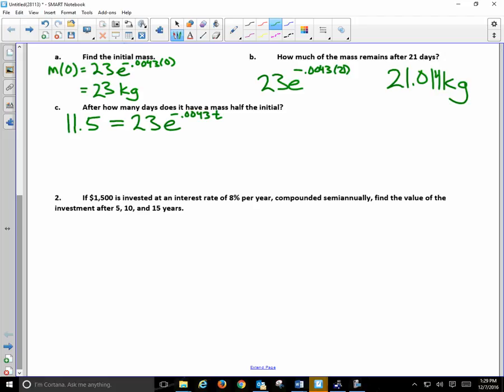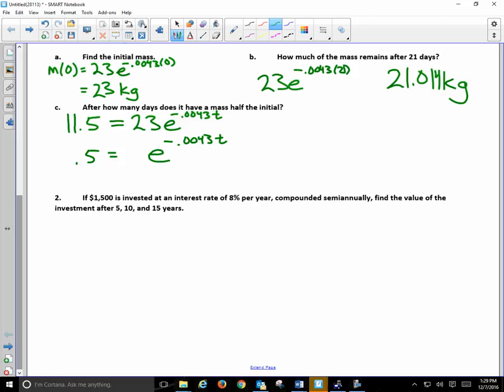I took half of 23 and got 11.5. So I'll divide both sides by 23, and I get 0.5 is equal to e to the negative 0.0043t.